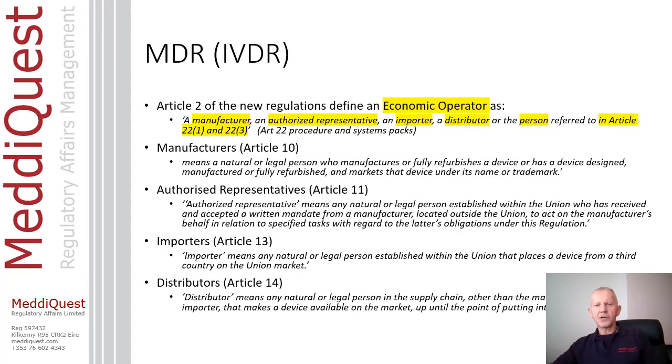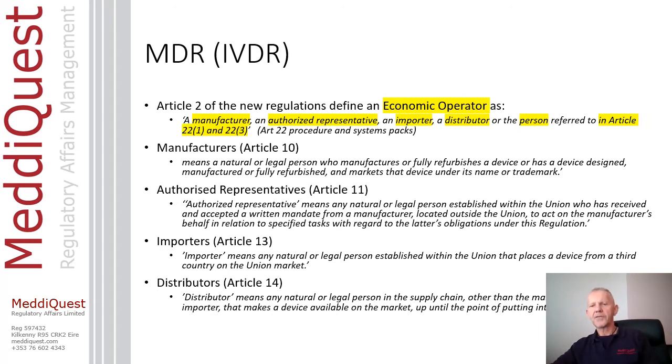Okay, so economic operators are defined in both the medical device and the in vitro diagnostic regulations in Article 2. Manufacturers are dealt with in Article 10, and they of course have the bulk of the responsibility for the medical device. But the other players have joint and several responsibility, and those are authorised representatives.